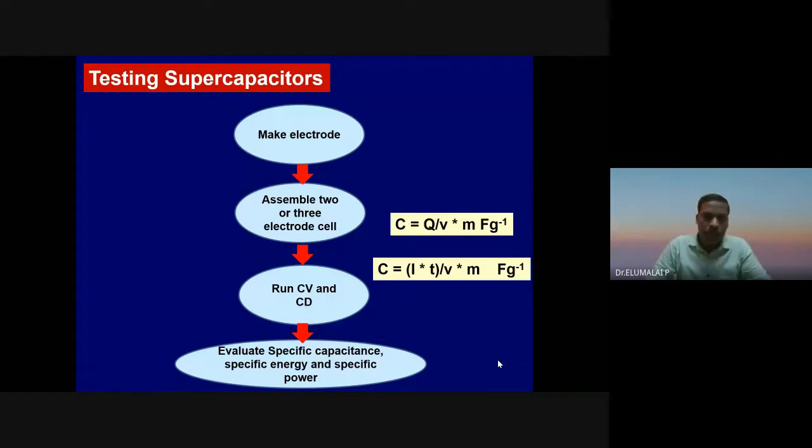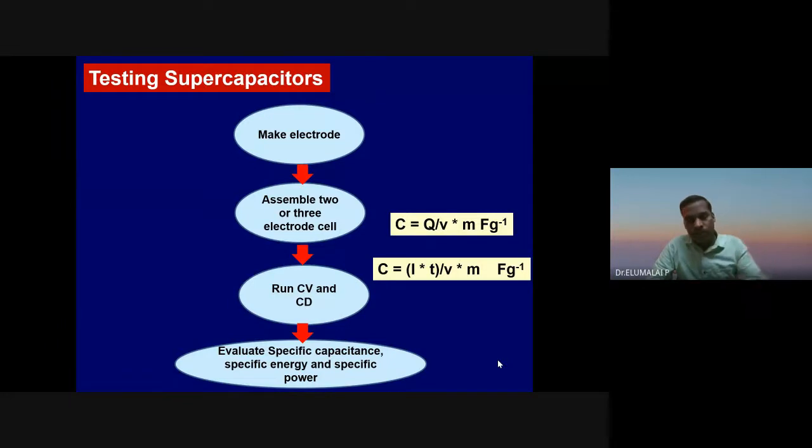These are the usually employed electrode substrates on which you apply the paste. Apply, dry it, then press it in order to reduce the contact resistance as well as the grain boundary resistance. So the electrode is ready.